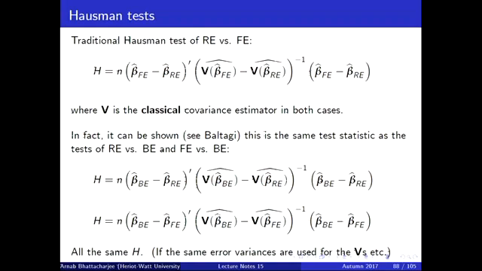Okay, the second moment condition here. If that moment condition is valid, then fixed effects and random effects should give you the same results. Between effects and random effects should give you the same results. And between effects and fixed effects should also give you the same results.